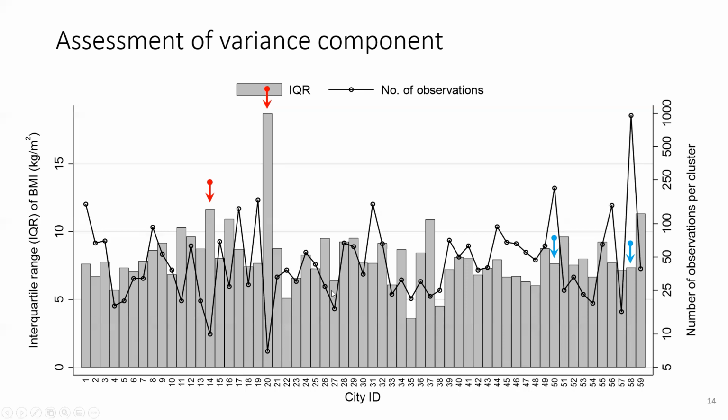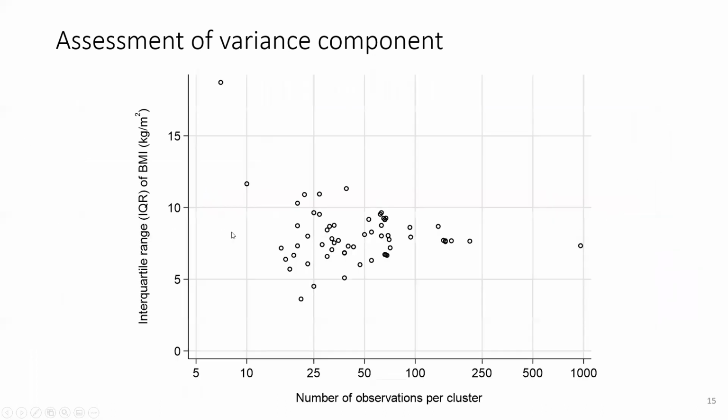And let's look at these two variables, IQR and number of observations per city, using a scatter plot. And, by the way, the y-axis shows IQR and the x-axis shows number of observations per cluster.